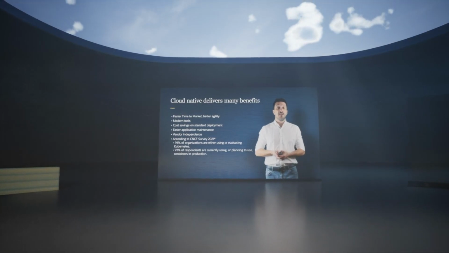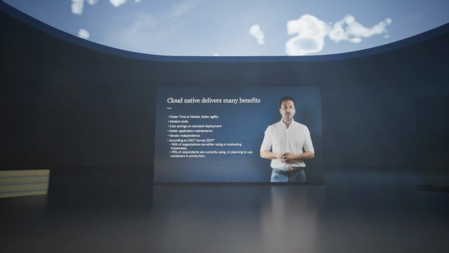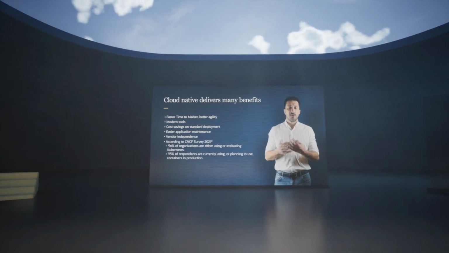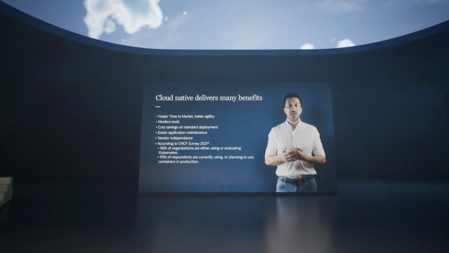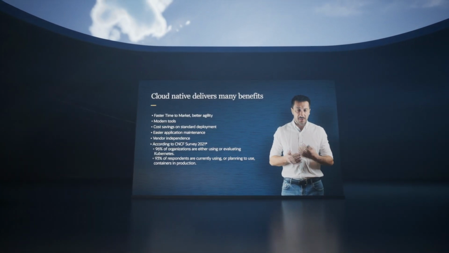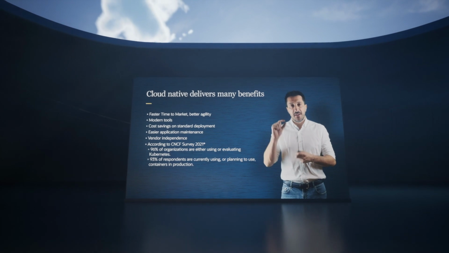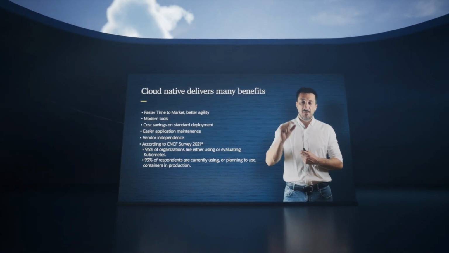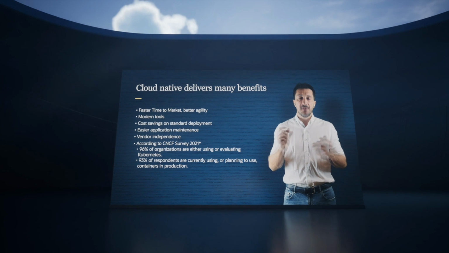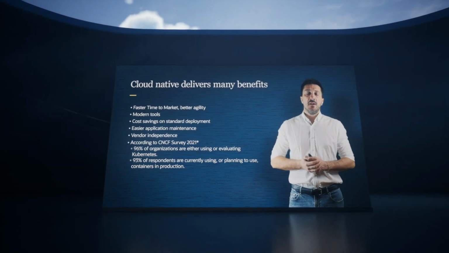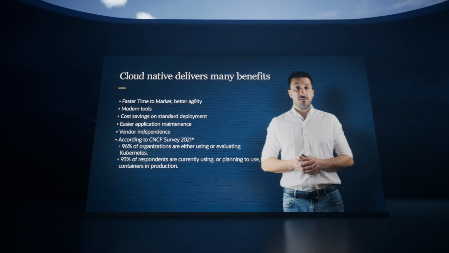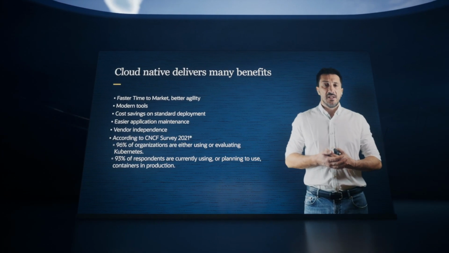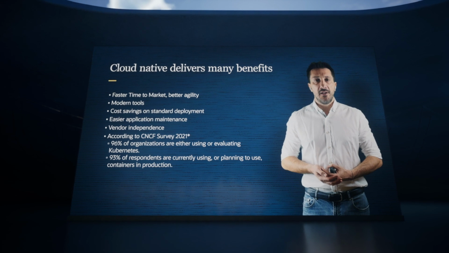It's going to be easier to maintain your own application, right? Just because if you are going to have so many containers, so many services up and running at the same time, it's going to be easier to possibly update just a small piece of that, just update a small container image instead of the entire application. And a cloud native solution has also to be vendor independent, right? It has to be something that does not introduce any kind of lock-in.